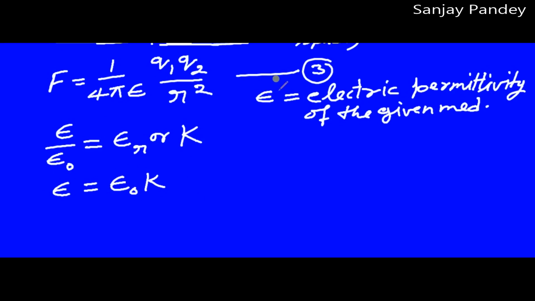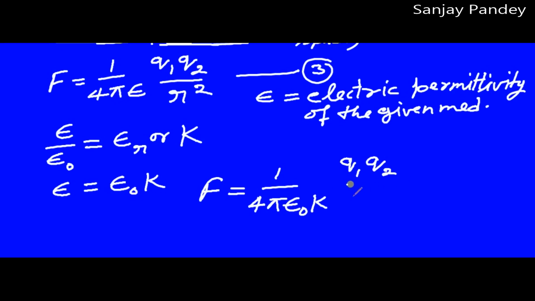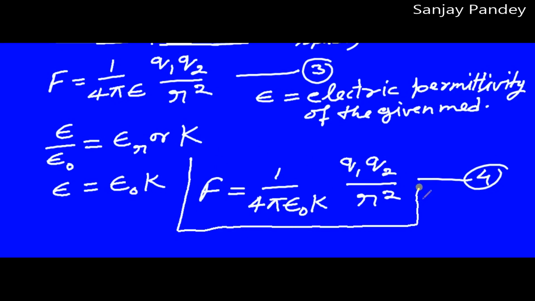Using this value in equation 3, we get F is equal to 1 upon 4 pi epsilon naught k q1 q2 upon r square. This is your equation 4. Coulomb's law between two charges placed in a medium having dielectric constant k.